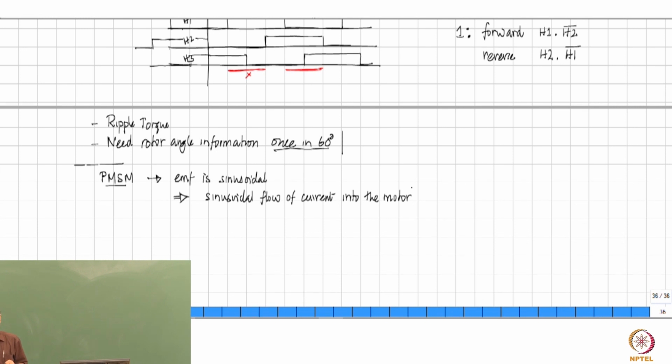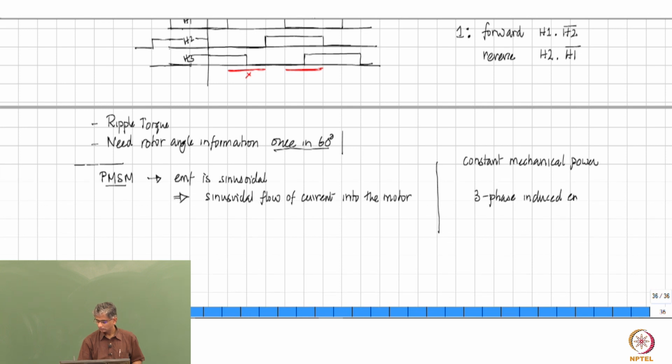Why is sinusoidal flow of current necessary? That is because, as we have been saying all along, you want a constant mechanical power output from the machine, and if you have a three-phase induced EMF, that means you have, let us say, three sources which are looking like this.